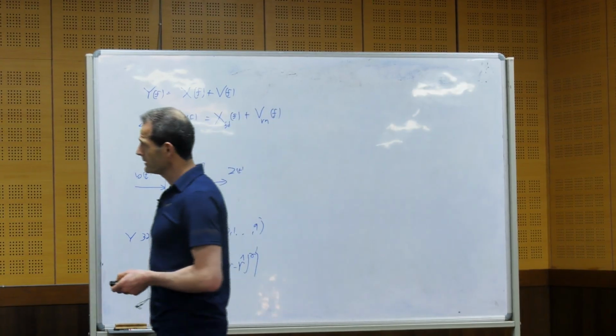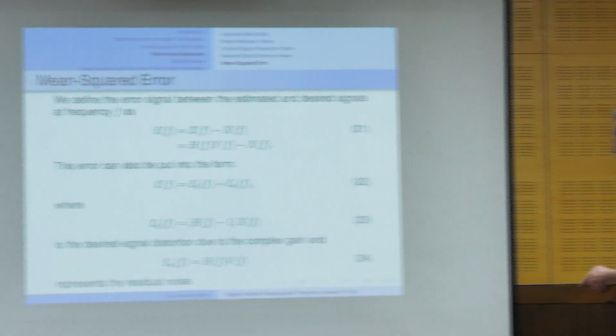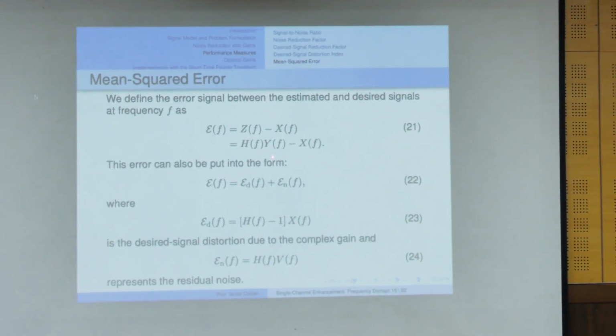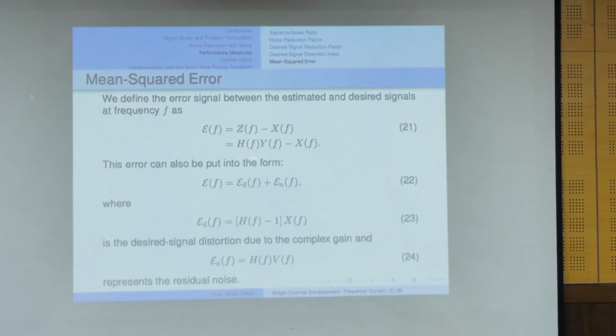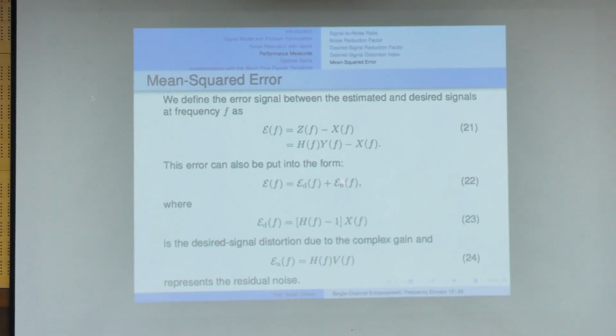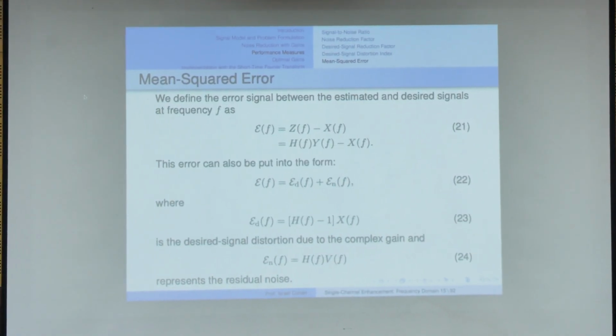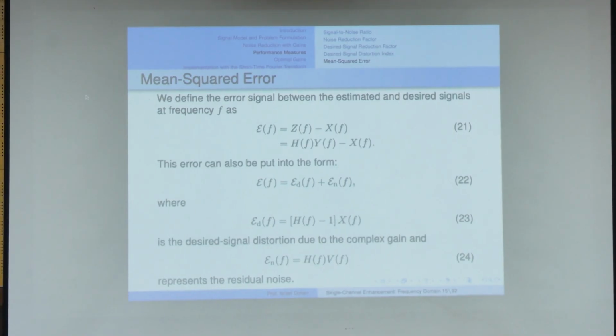Okay, so here with the mean squared error, if we define the error between z and x, you see the error is composed of two components, one that is related to the distortion and one which is related to the noise. And because the desired signal and the noise are uncorrelated, this is the assumption that here x and v are uncorrelated.